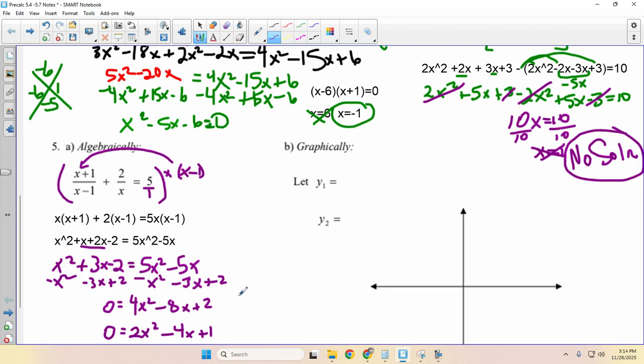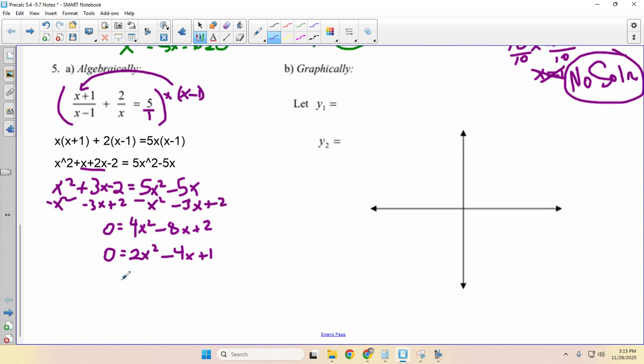All right, so quadratic formula is negative b plus or minus square root of b squared minus 4ac divided by 2a.